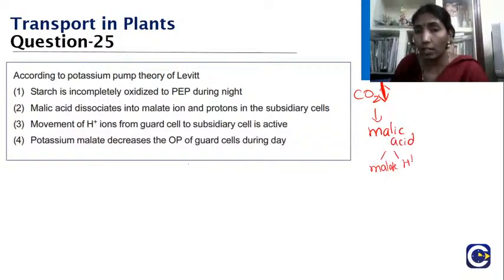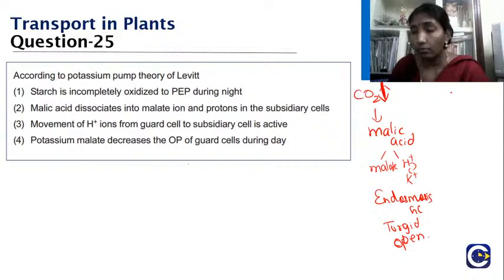The hydrogen ion is exchanged for potassium ion from the subsidiary cell, and the entry of this potassium ion causes more endosmosis in the guard cell, making it more turgid. So the stomata is open.